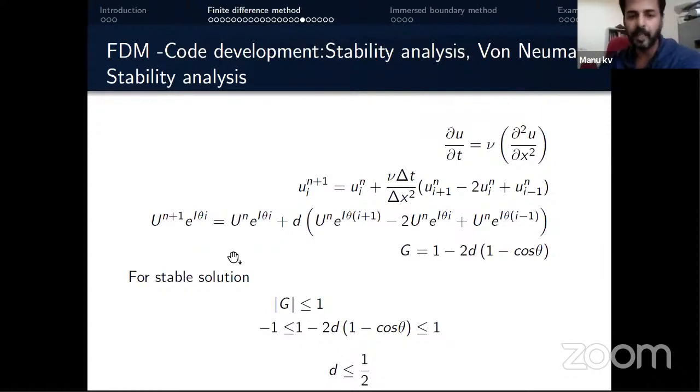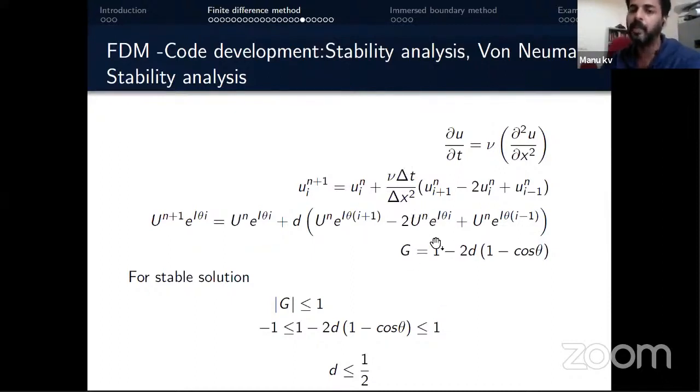So we can add a perturbation on both sides and calculate the growth factor, which is u^(n+1)/u^n, and get this condition. And we can get the stability condition, which is d less than or equal to 1/2, where d is nu delta t by delta x square.